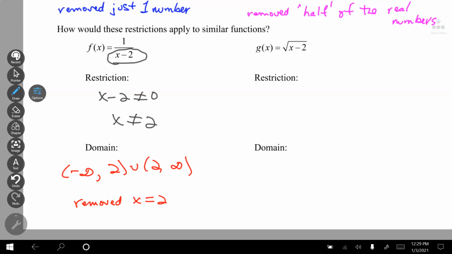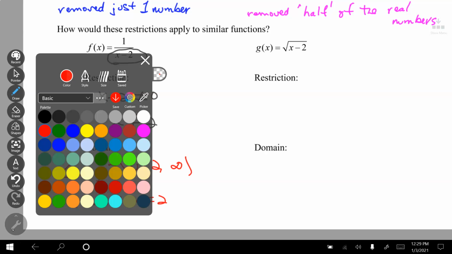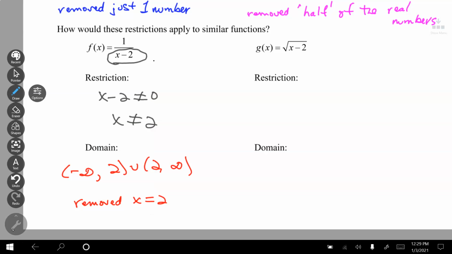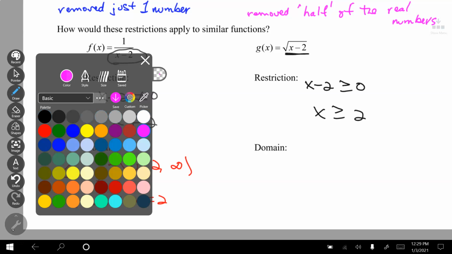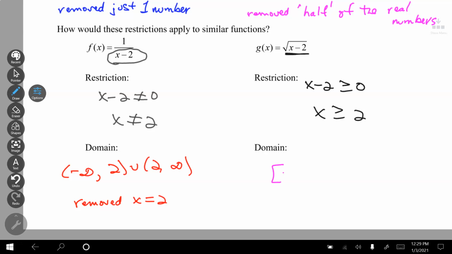The one number I removed. Same thing over here. I have this underneath the square root sign, so x minus 2 cannot be negative, so it must be greater than or equal to 0, or x has to be greater than or equal to 2. So my domain is going to be 2 to infinity, including 2, and it's really only using half the numbers.